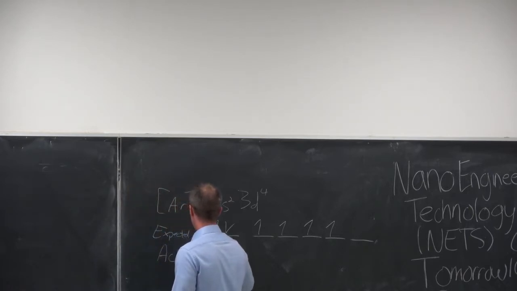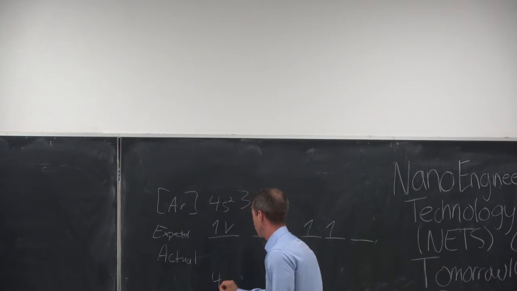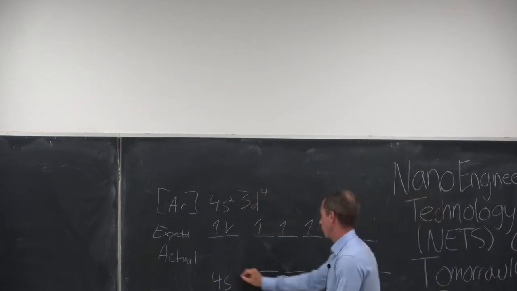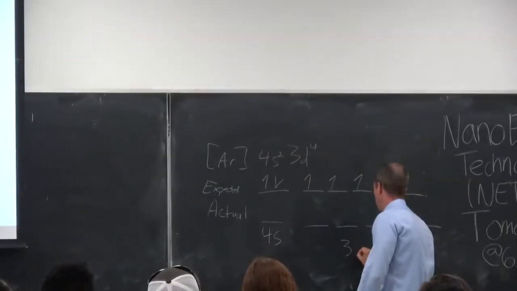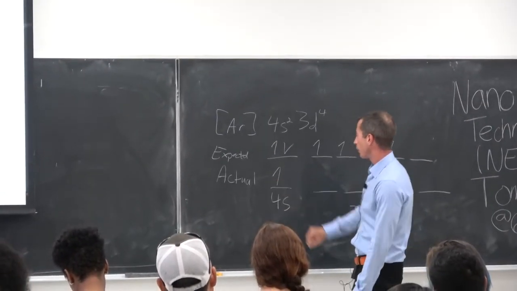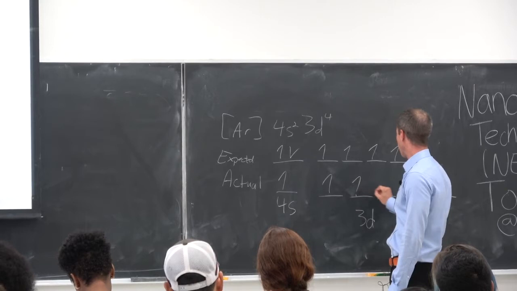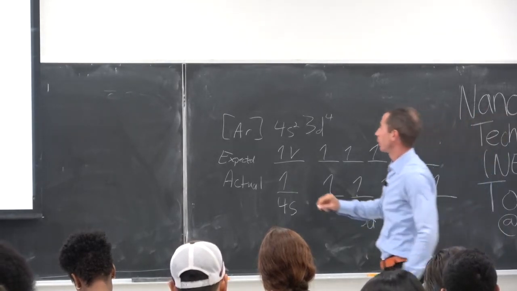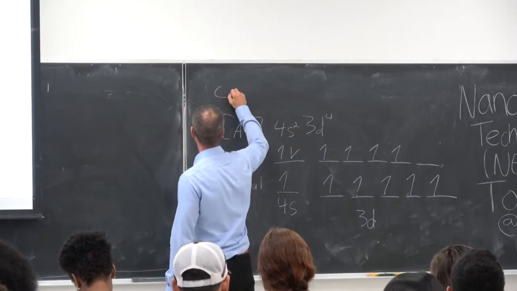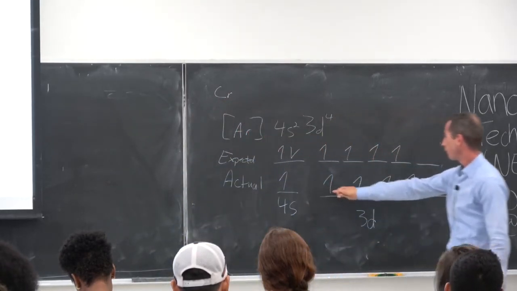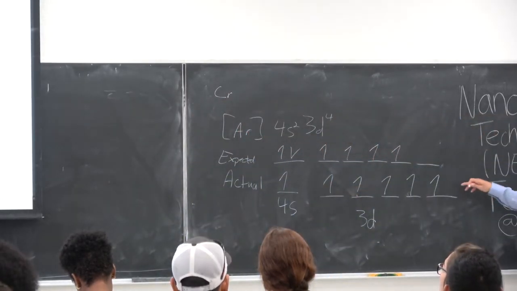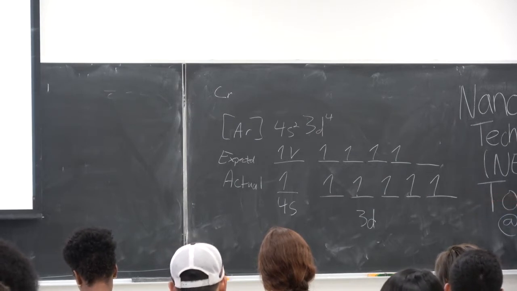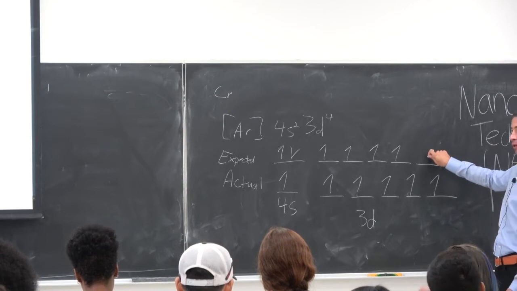What actually happens is that one of these 4s orbitals moves over here. This is for chromium. To fill this entire orbital halfway is more energetically favored than this situation. Right? This is what you would predict.